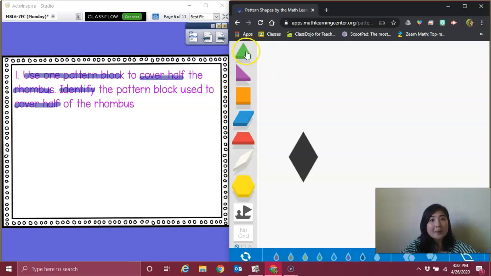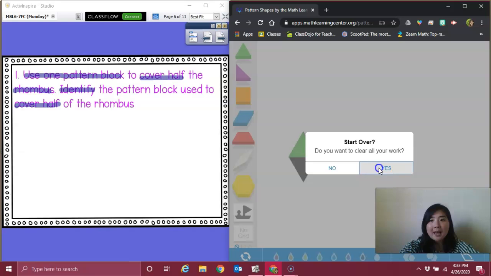So it's either going to be this green triangle or purple triangle. And just based on this rhombus, I think it's the green triangle. And voila, it fits perfectly. So the answer to number one is triangle. A triangle is the pattern block used to cover half of the rhombus.